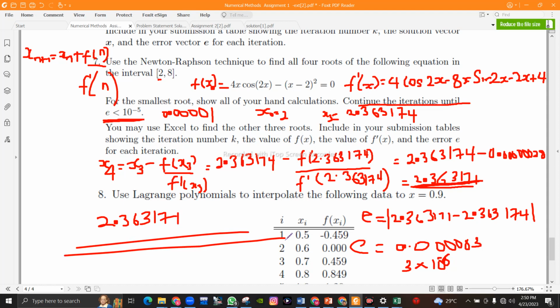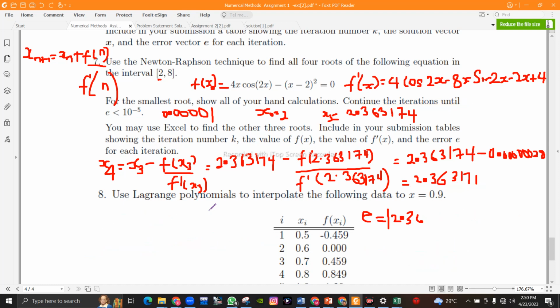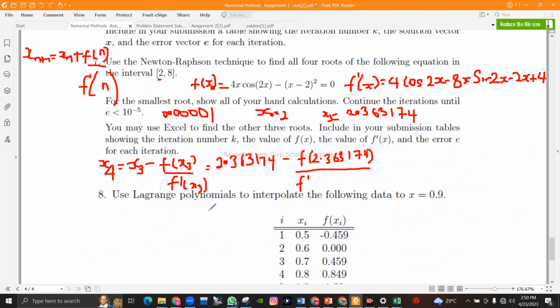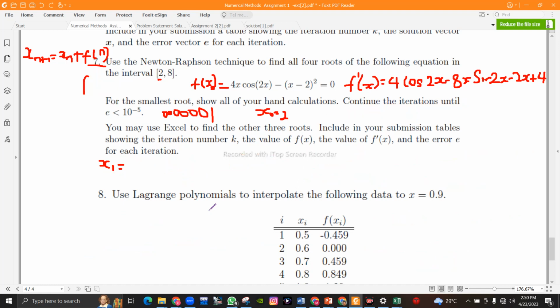Now we have to use Excel to solve it. So let me rub off all of this. We need the differential equations. I'm not going to take it away because we need it to solve the iterations. Okay, I can take off the formula. I'll write the formula again.